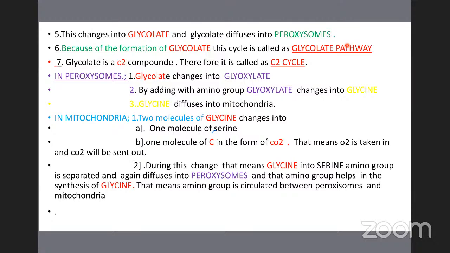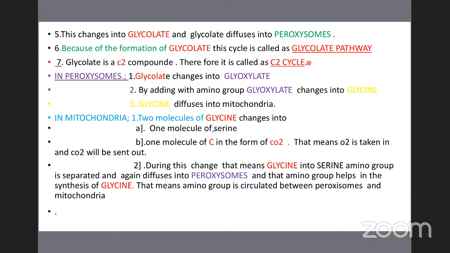Students, just observe this. In the chloroplast, glycolate was synthesized from phosphoglycolate, and because of this synthesis of glycolate, this pathway is also called the Glycolate Pathway. And this glycolate is a 2-carbon compound. That's why it is also called the C2 cycle.